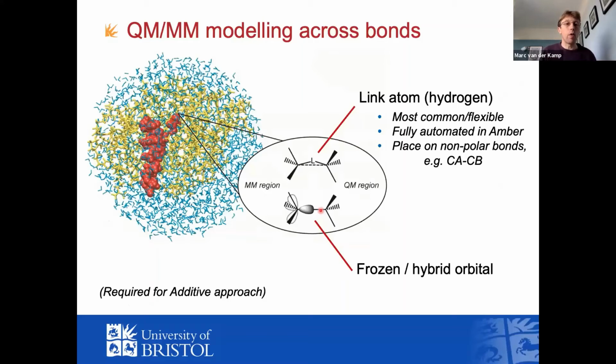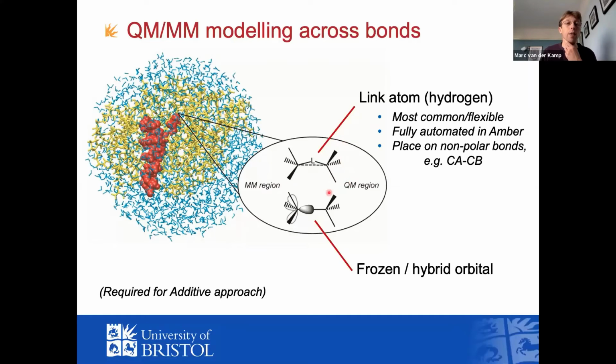Okay, so important for the additive approach is that we have a boundary between the QM and the MM region, and often for enzymes of interest we will need to have a covalent bond across this boundary, for example the side chain of an amino acid. Now, this link atom approach here at the top is really by far the most popular approach to solve the issue that we have when we have a boundary across the MM and QM region.